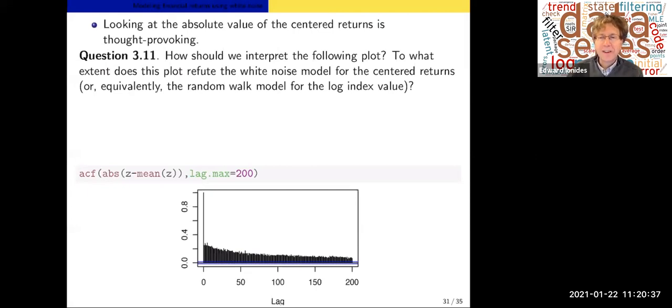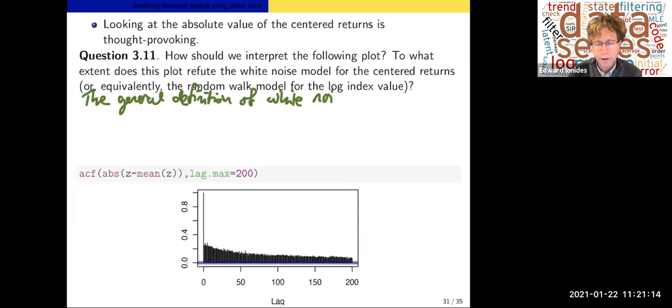So it's a subtle question, and it relates to what you think is the white noise model, right? When we defined the white noise model, we defined it in terms of uncorrelated processes, not independent processes. So let's say the general definition of white noise, which is weak stationarity.